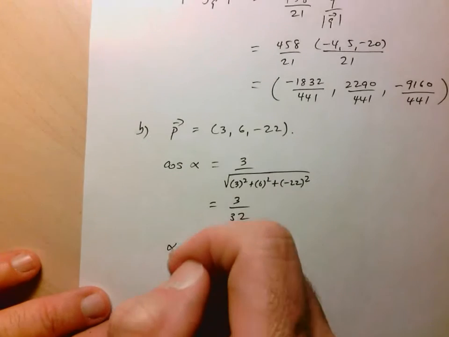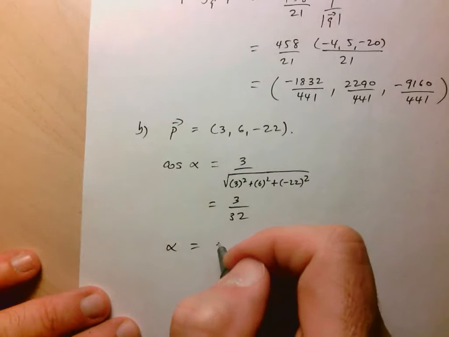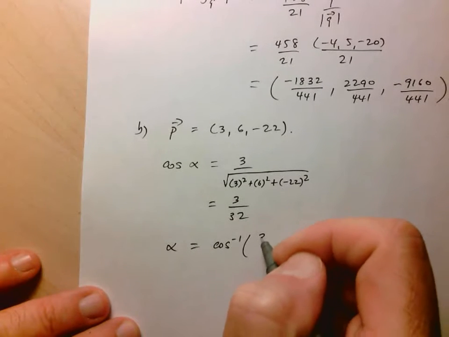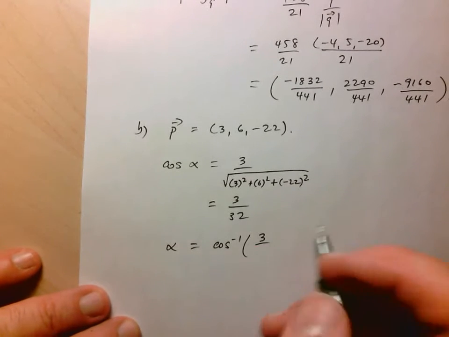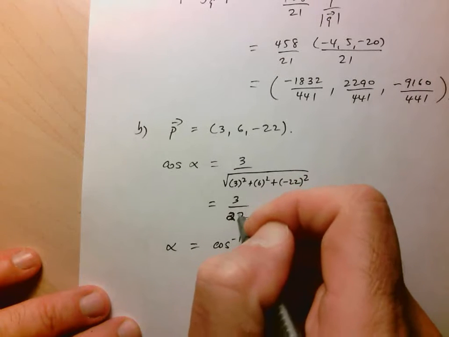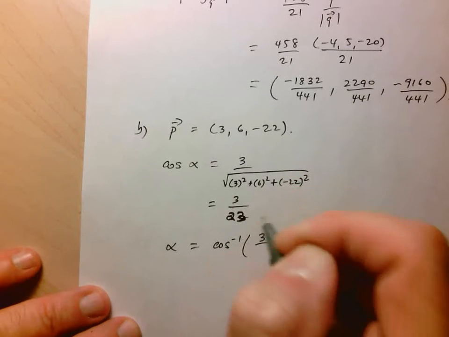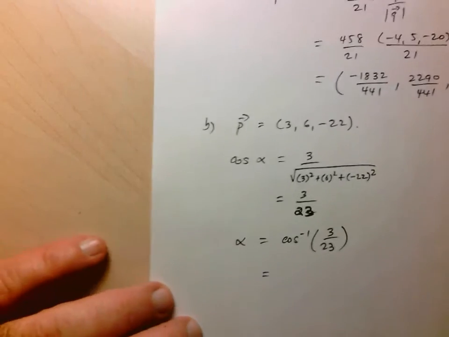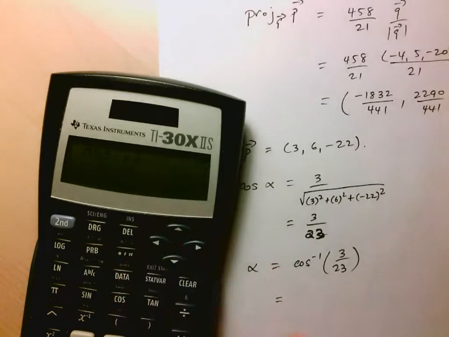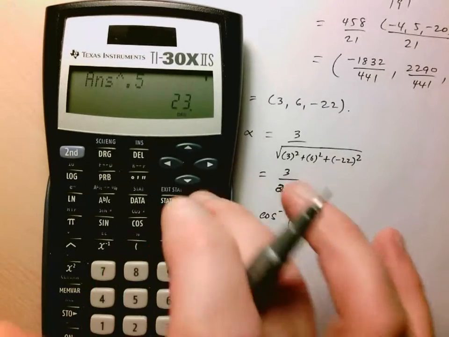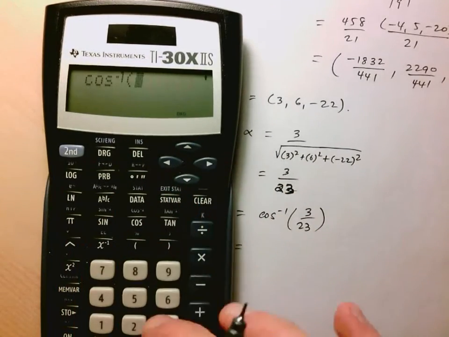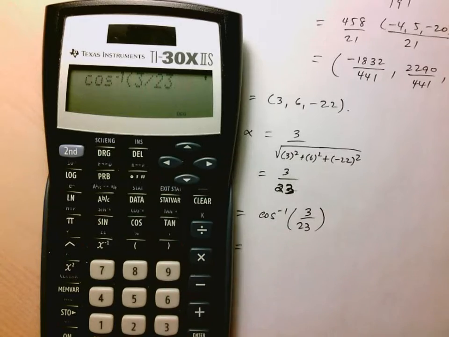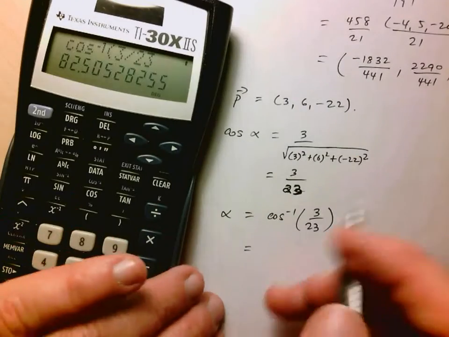Now we can calculate alpha, which is just inverse cosine of 3 over 23. So alpha is inverse cosine of 3 over 23, which is 82.5 degrees.